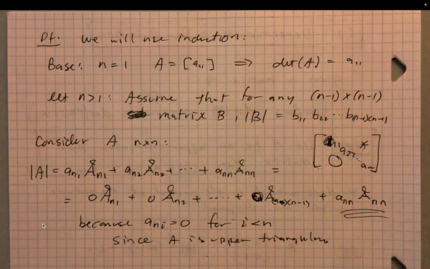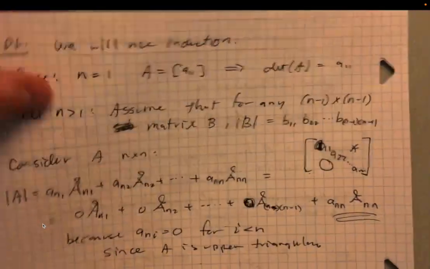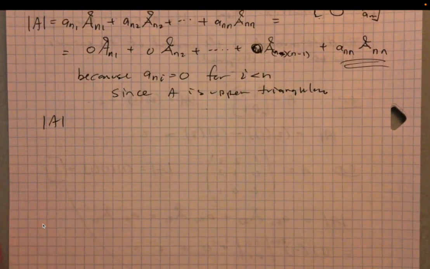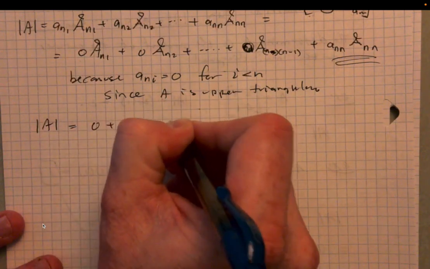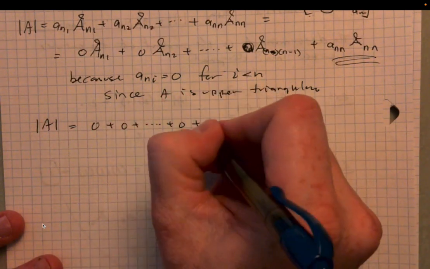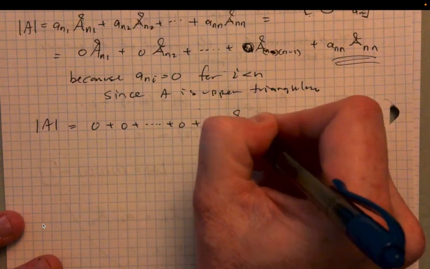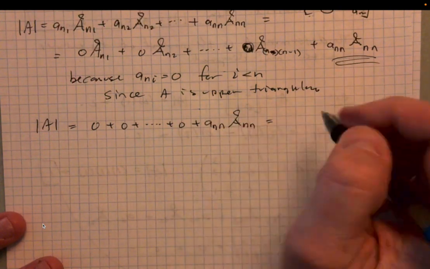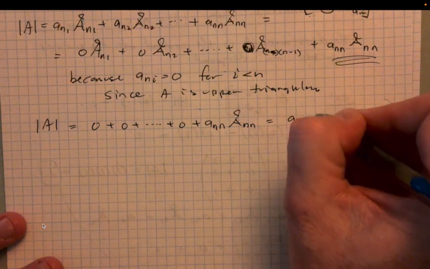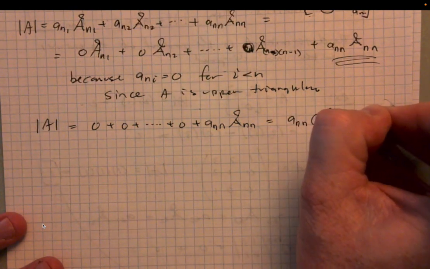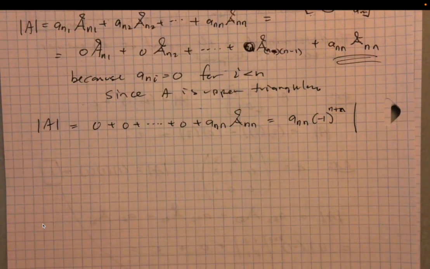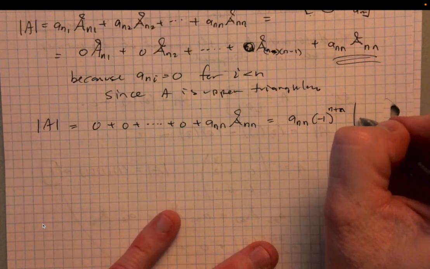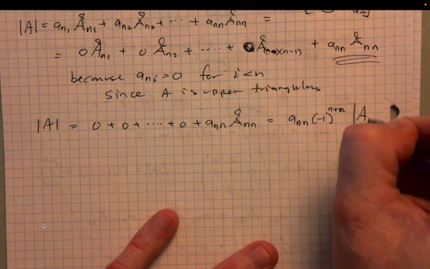Okay, so bottom line takeaway here is that the determinant of A in this case is equal to 0 plus dot dot dot plus 0 plus ANN times the cofactor of ANN, which is equal to ANN times negative 1 to the n plus n times the determinant of the NN submatrix.